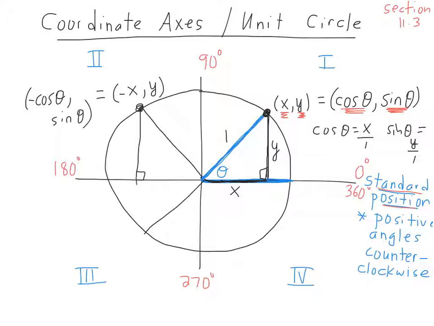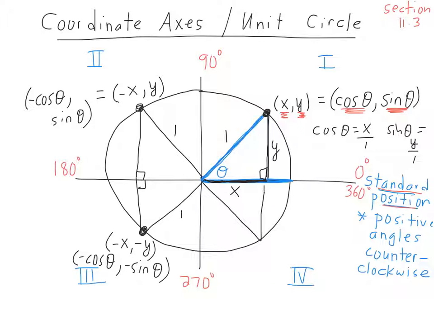Down here, if we make a right triangle, we're still talking about the same unit circle with a radius of 1. This would be negative x, negative y. Here you would have negative cosine of theta, negative sine of theta. So both sine and cosine are negative in that quadrant.